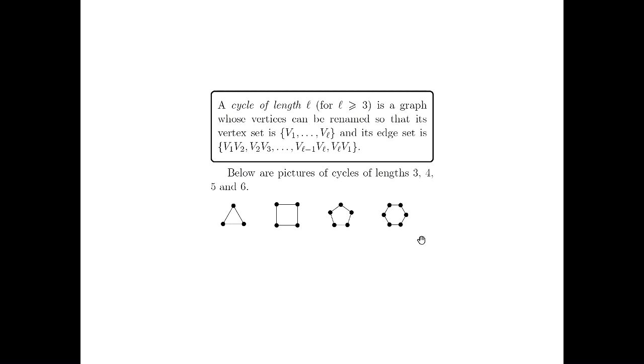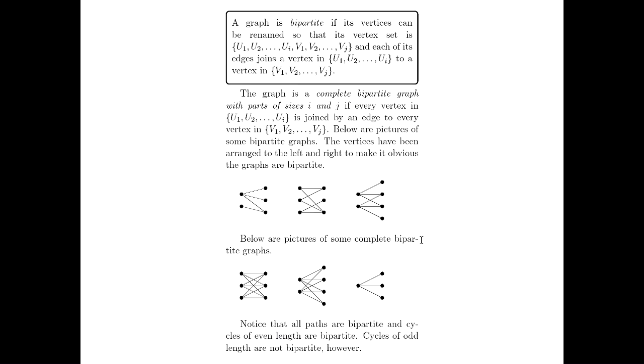Okay, so this is our last piece of vocabulary. It's a little bit trickier than our other types of graphs. There's a type of graph we call bipartite. And this is a much wider class of graphs than the last few we've talked about. So bipartite, we're thinking two parts, right?